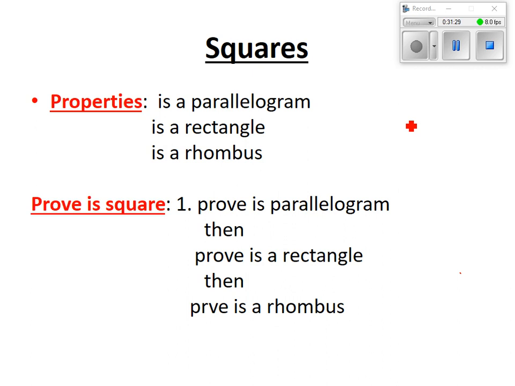What's the key property of a rhombus? Four congruent sides. All the sides are the same. Now, a square has two key properties. What are they? Four right angles, four congruent sides.